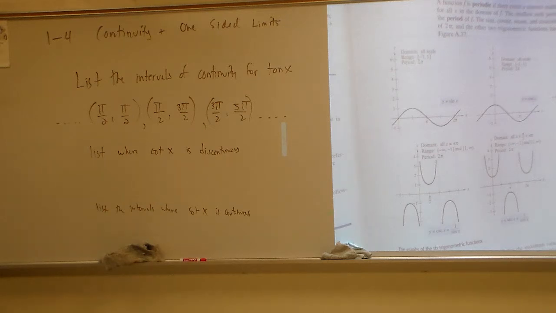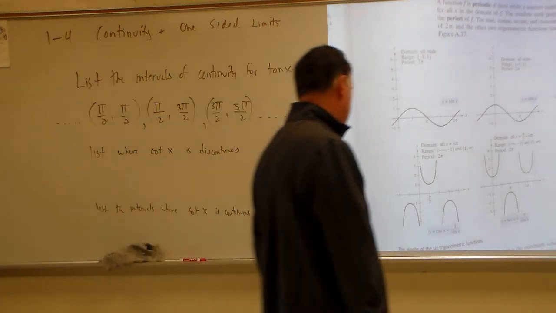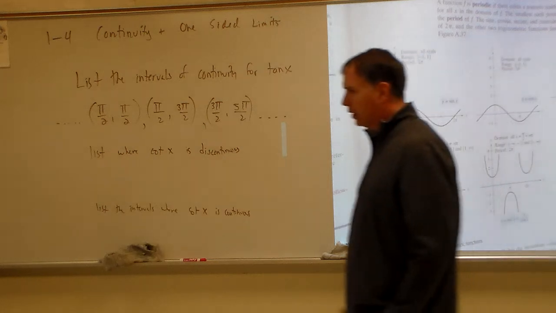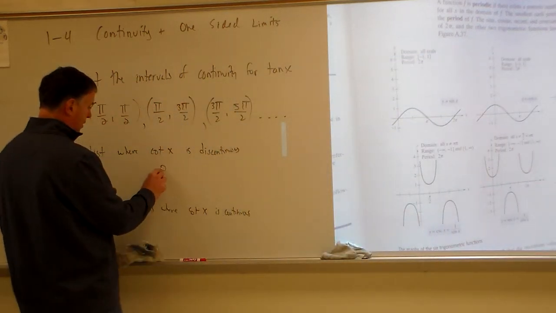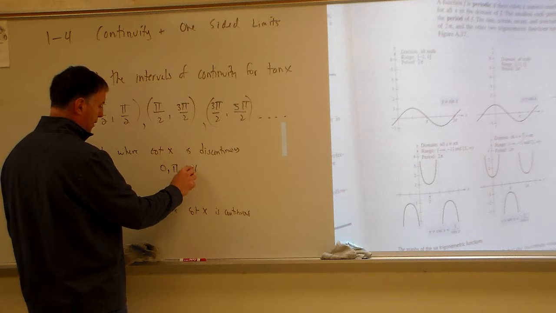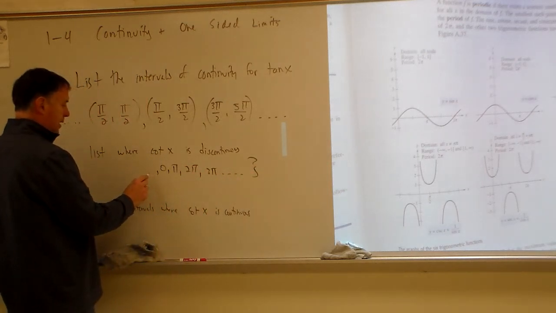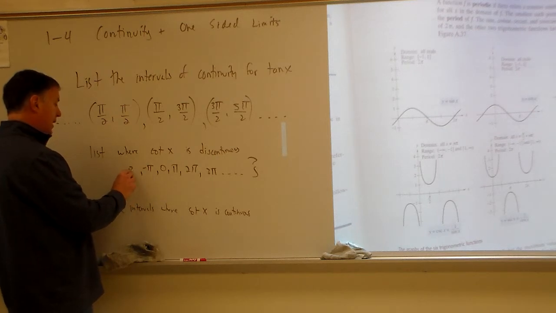All right. So we're doing cotangent, right? Cotangent is here. If we want to list where it is discontinuous, it's everywhere there's an asymptote. So at 0, at pi, at 2 pi, at 3 pi, and then here at negative pi, at negative 2 pi, and so on.